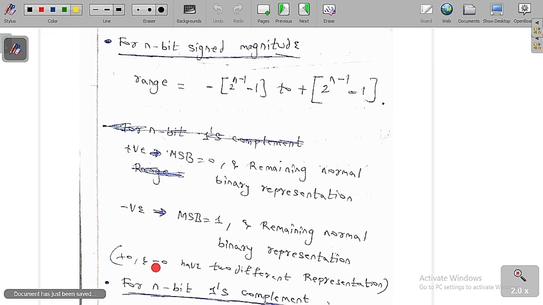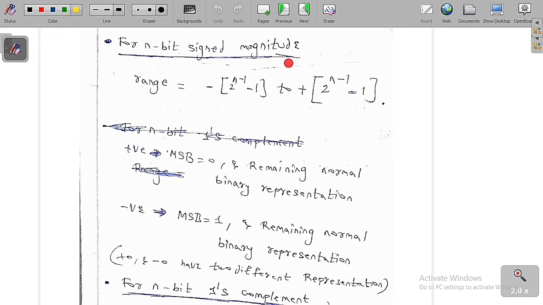So plus 0 and minus 0 have two different representations in this n-bit signed magnitude format.